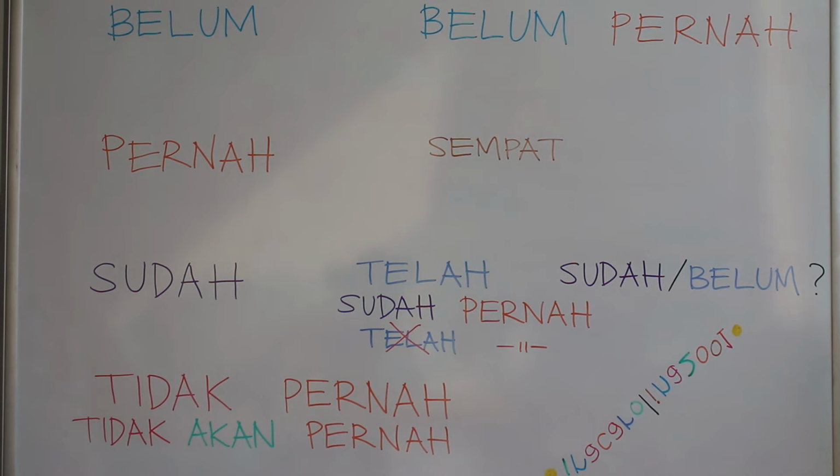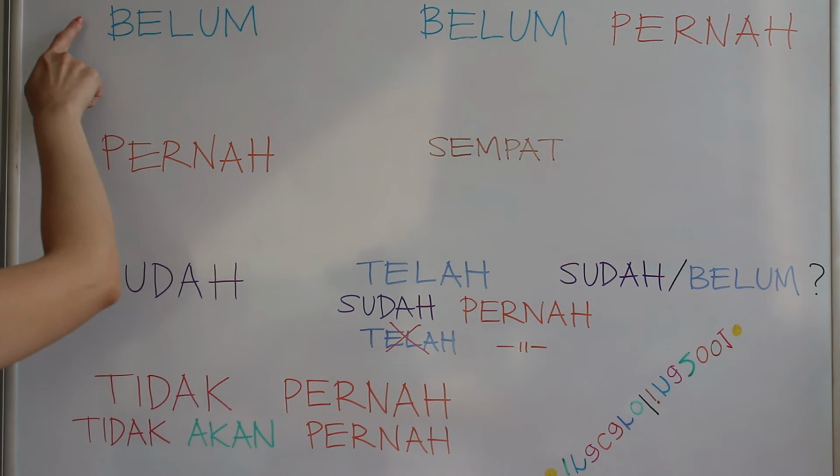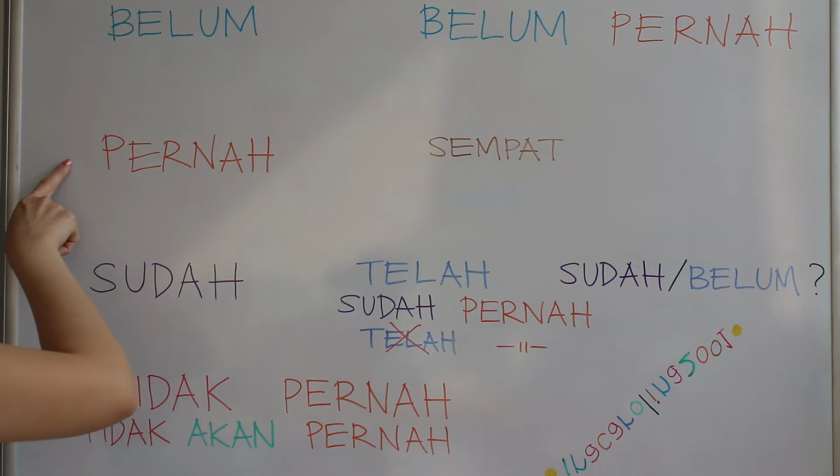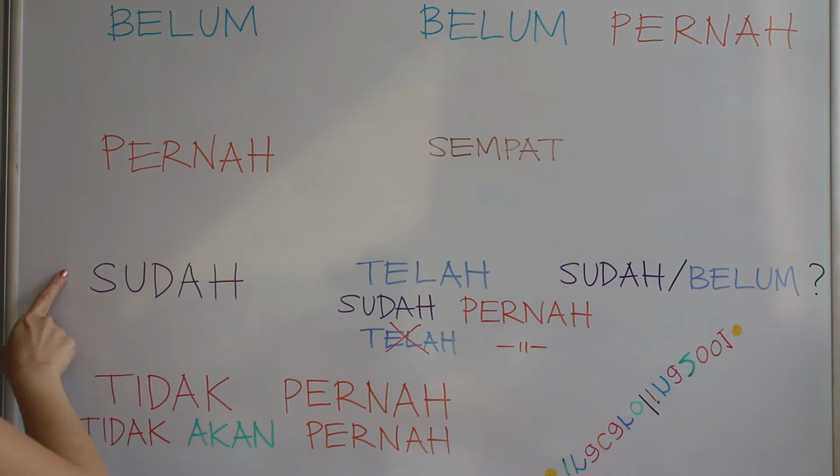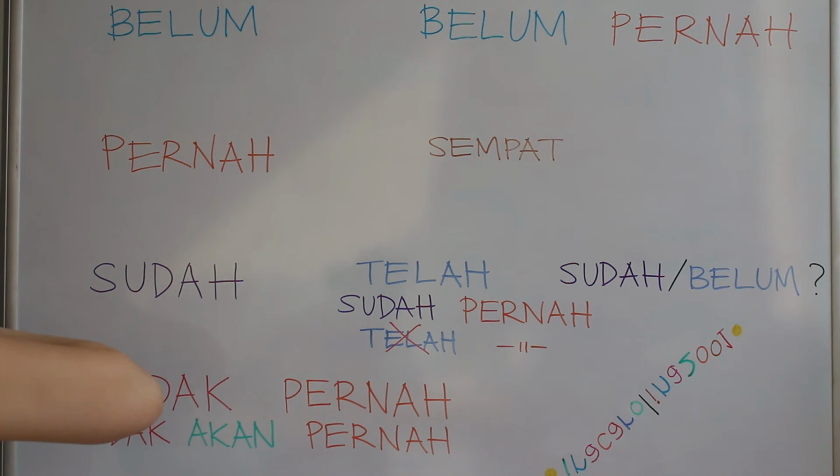Tidak, no, or not. Belum, pernah, sudah, tidak. Not yet, ever or have a chance, have already or already have, no or not.